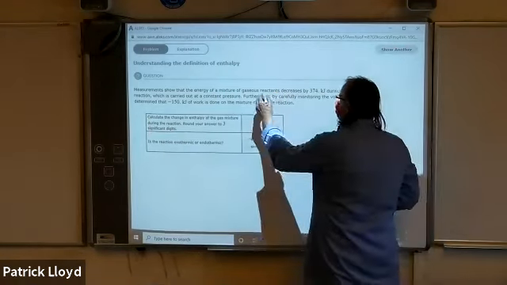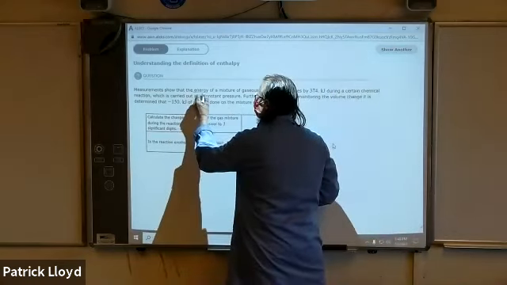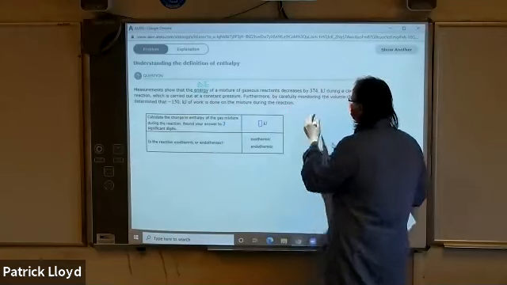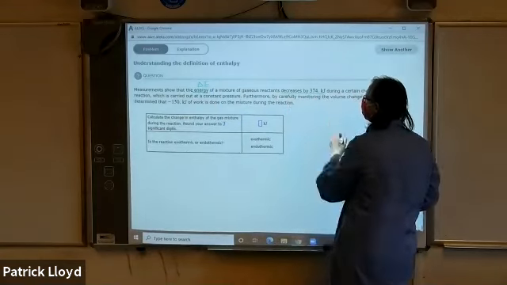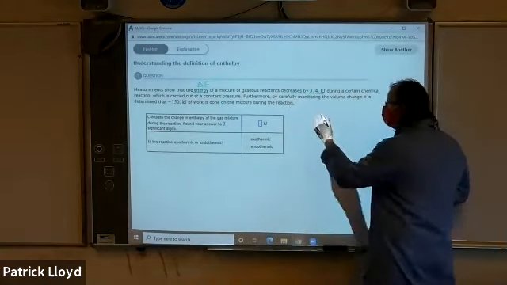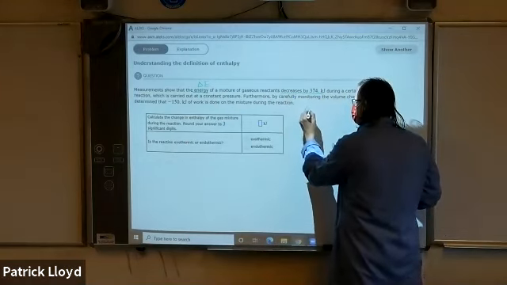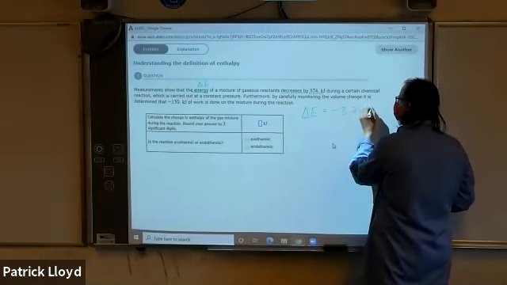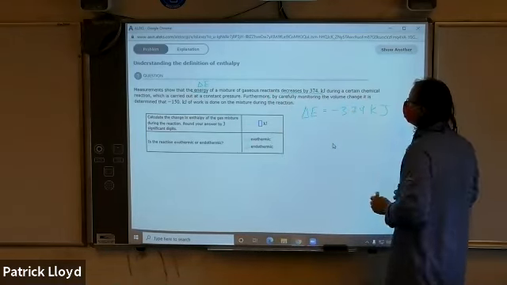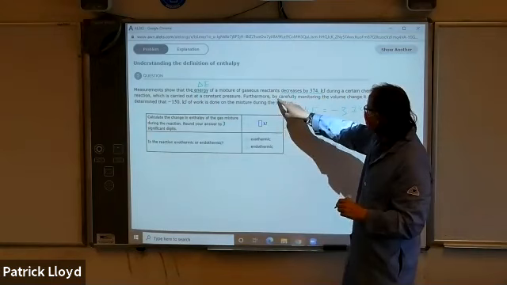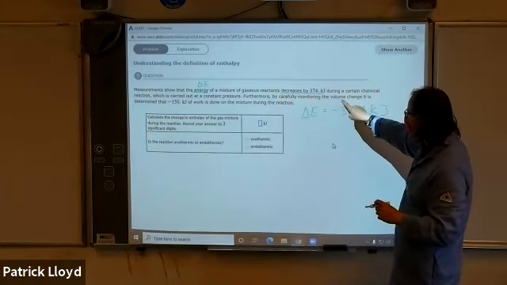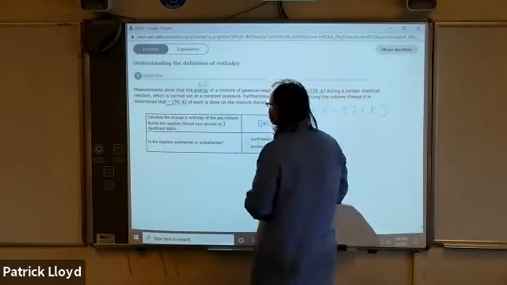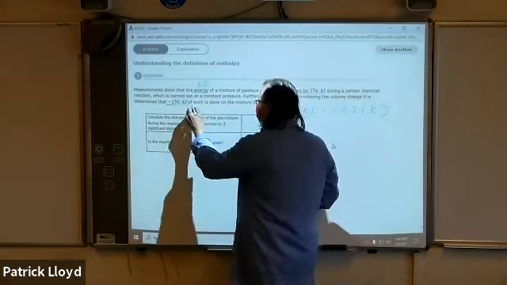So let's see what we do. Energy, so that's delta E. We see that delta E decreases by 374. So that's telling us delta E is minus 374. Okay. Furthermore, by careful monitoring of the volume change, it's determined that negative 150 kilojoules of work.